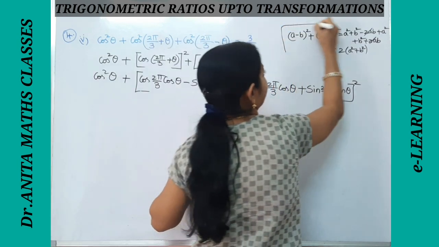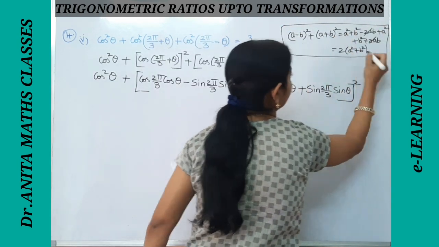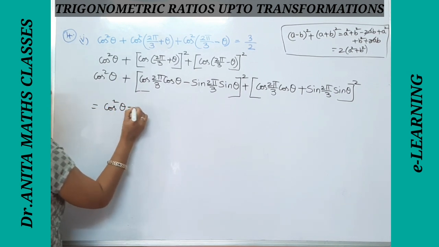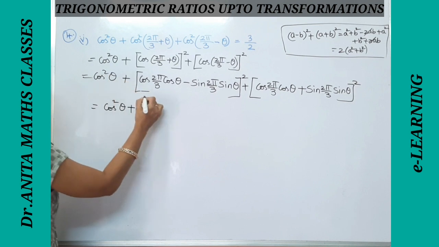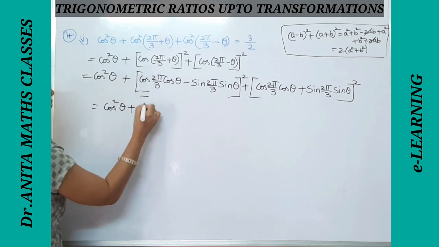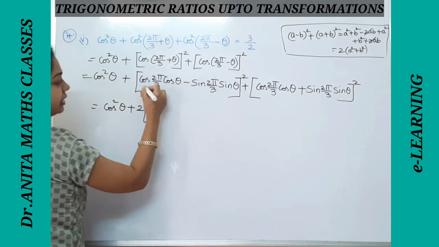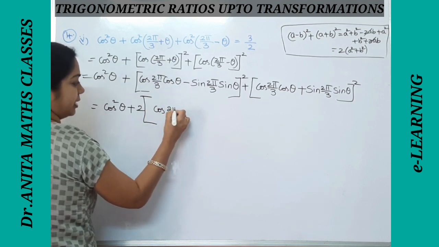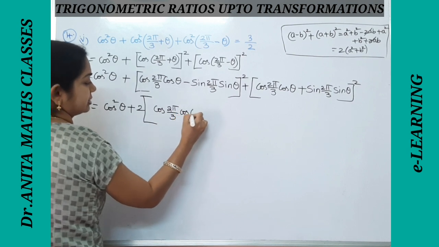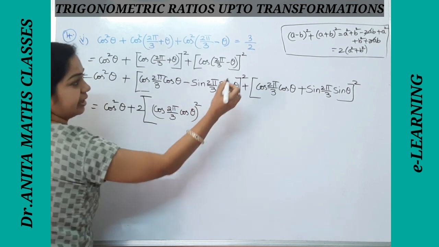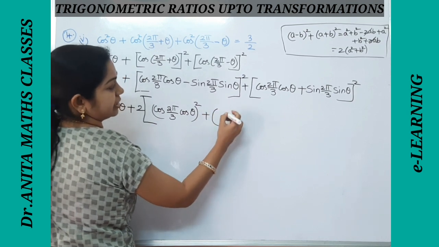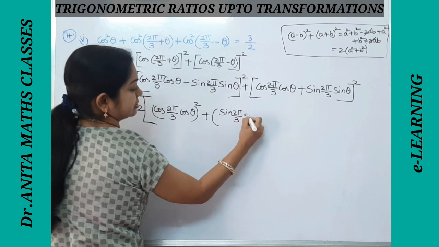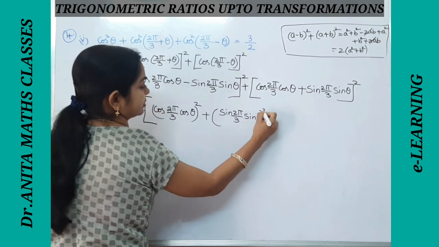So this in the rough part we will take. So we got 2A square, that we will write directly here, that is cos square A plus, here I can write it as 2, right, A square is this, cos 2 pi by 3 cos theta whole square, and plus B square, sin 2 pi by 3 sin theta whole square.